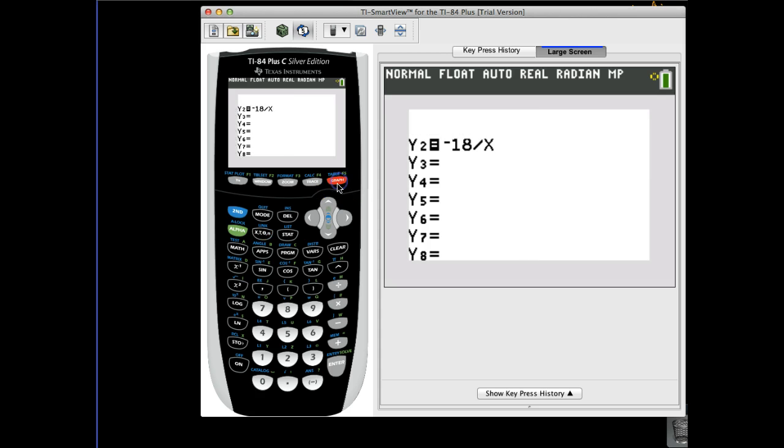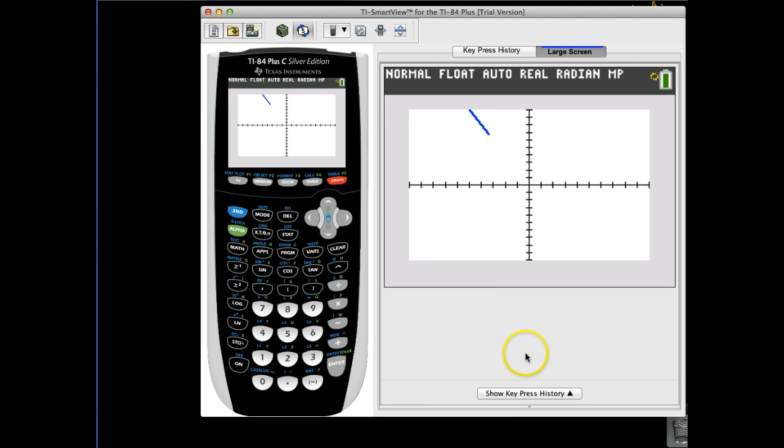And let's just graph. Okay, so the two intersecting points: y was 6, x is negative 3; y is 3, x is negative 6.